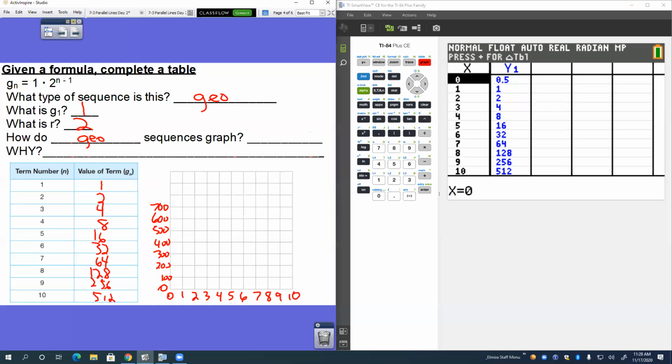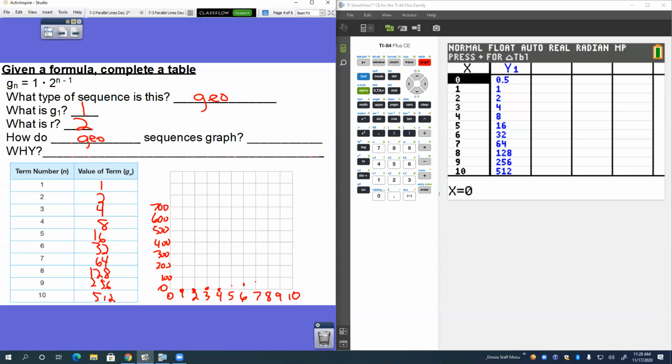So when you go to graph it, now notice that our graph, we're counting by hundreds. So all of these first ones are just going to look the same because you can't really tell the difference between any of those. 5 is 16. That one's going to be a little tiny bit higher, but not much. 6 is 32. Again, a little bit higher, but not much. 7 is 64.